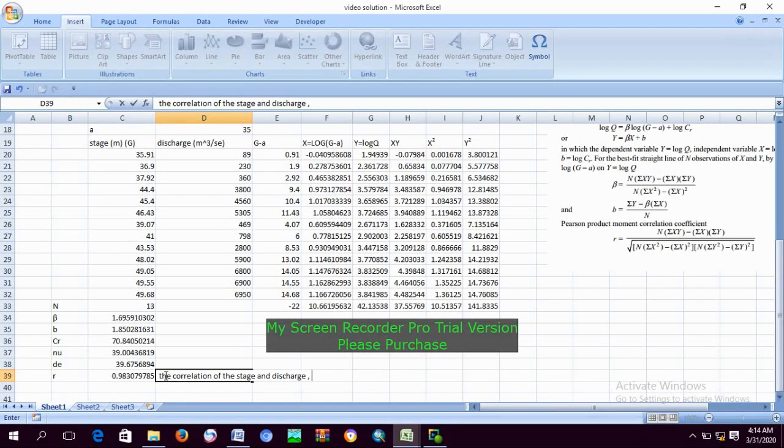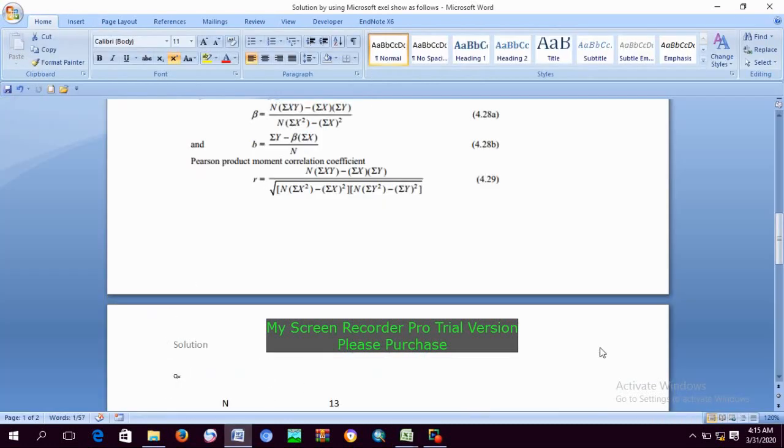There is a very good correlation. The correlation value r is equal to 0.983.